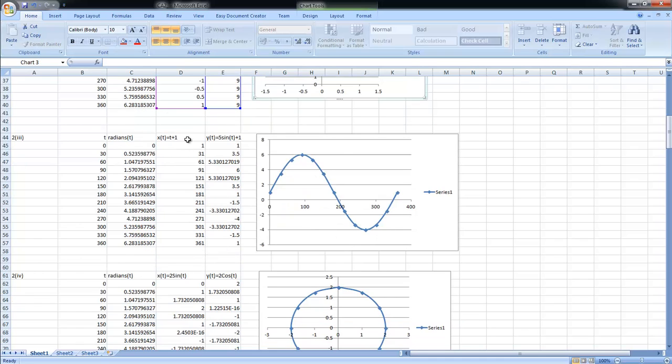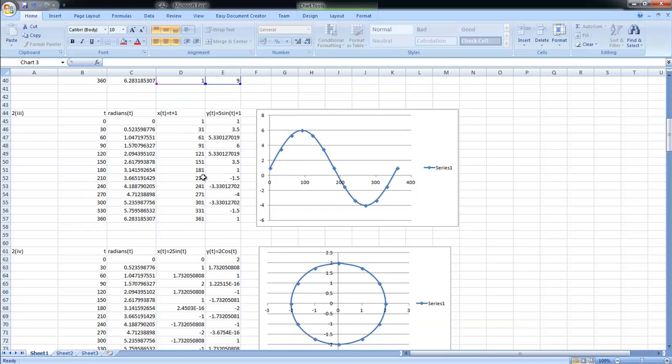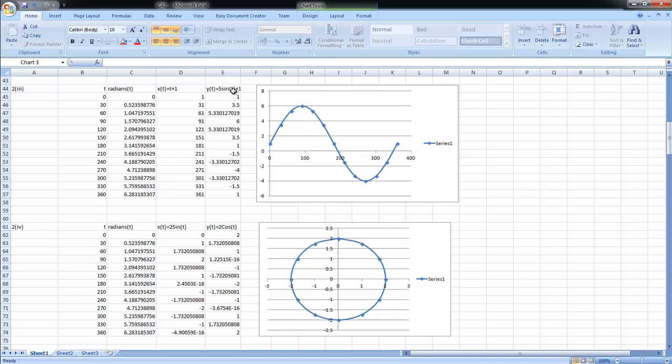Either x or y, both of them should be moving, like they should be increasing, and either one of them should be sine or cosine to create a wave motion, because both sine and cosine create wave motion. So if y is a sine, then x should be increasing, so that it would show the curve, the wave.